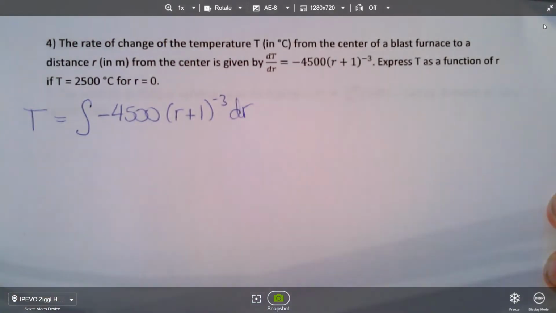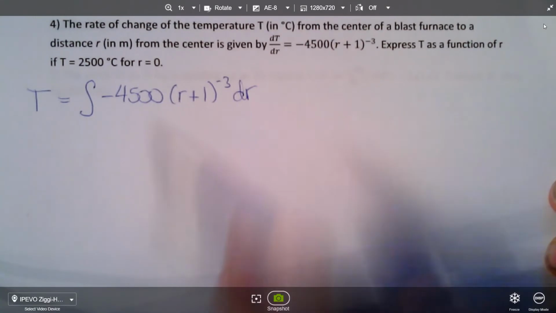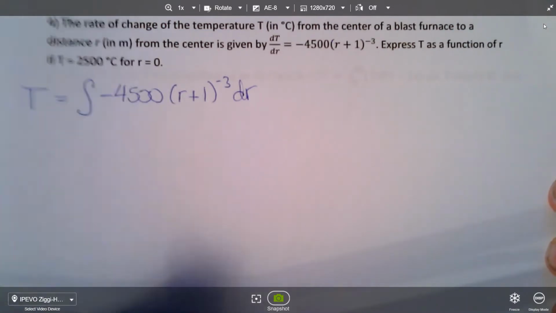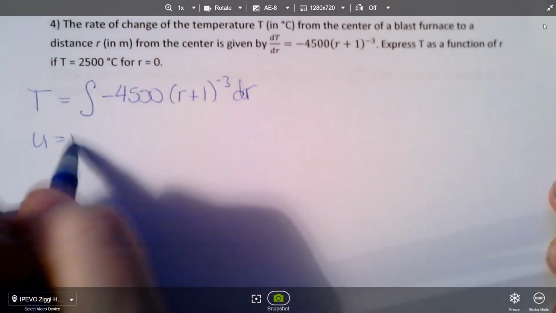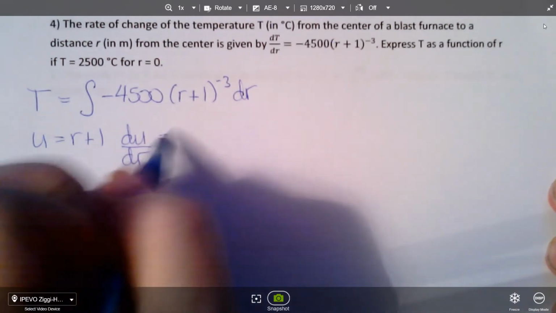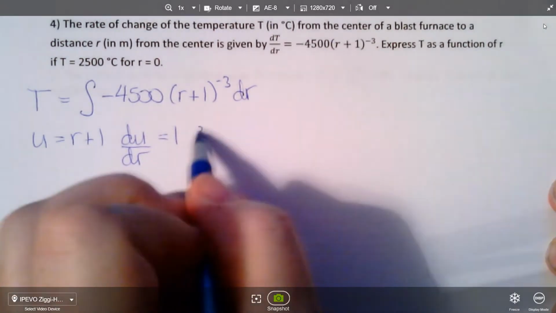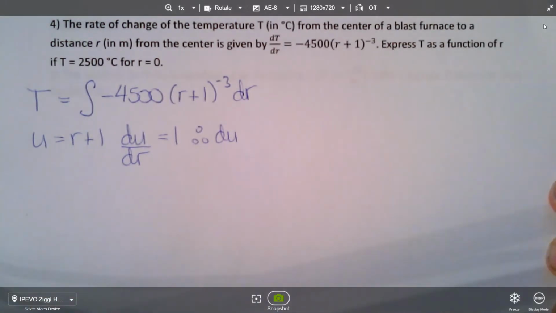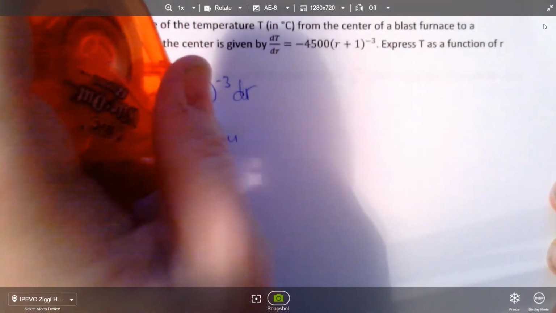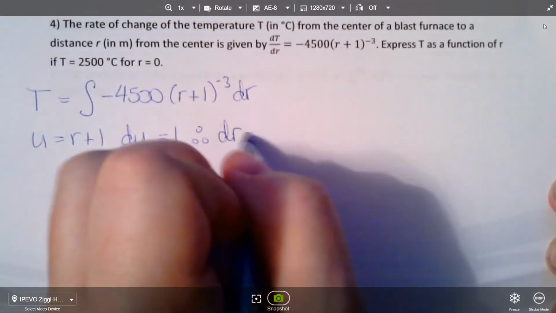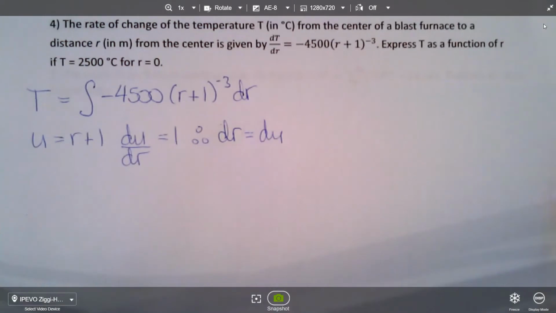So I've got this working like that. So I'm going to use r here. Because I'm using r, I need dr. So I have to use substitution here. So u is r plus 1, du dr is 1, so therefore dr is equal to du. So there won't be much substituting there.